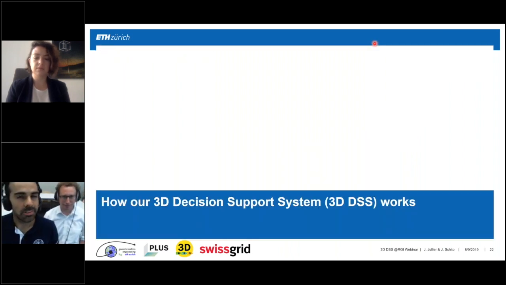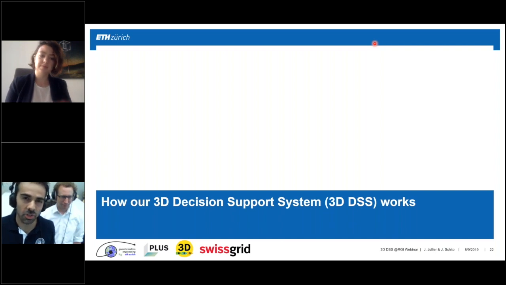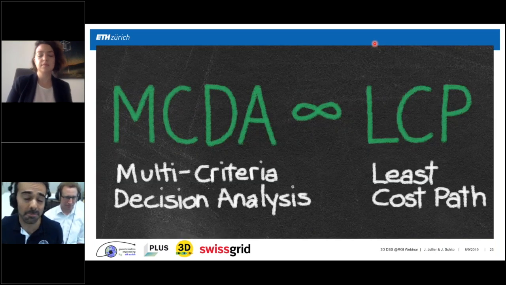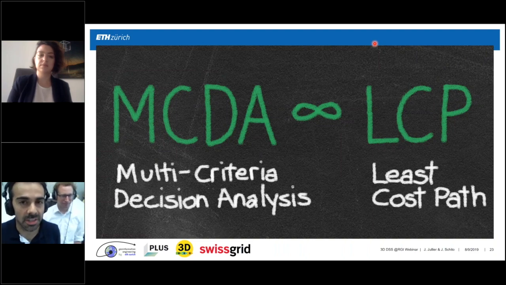So some words on how our system works. I told you before, MCDA, that's multi-criteria decision analysis. This is a mathematical tool set in order to get the optimal result from a task with different layers, different data, or different participants who want to solve this problem.